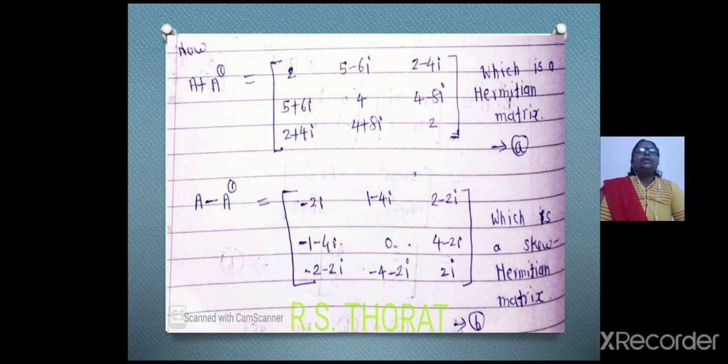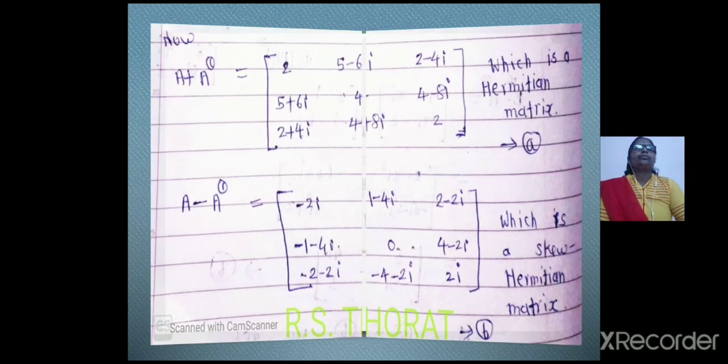Thus, in this square matrix A minus A raised to theta, diagonal elements are either 0 or purely imaginary numbers, and other elements satisfy the condition Aij equal to minus Aji bar. That means this matrix A minus A raised to theta is skew Hermitian matrix. Denote these matrices by small a and small b.